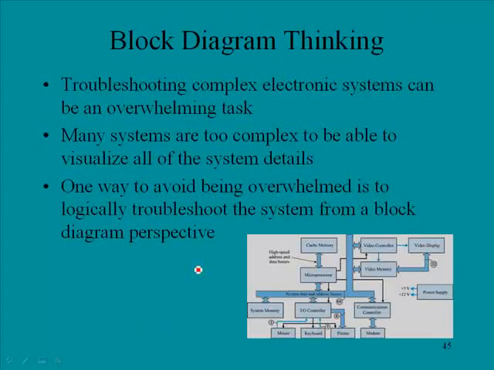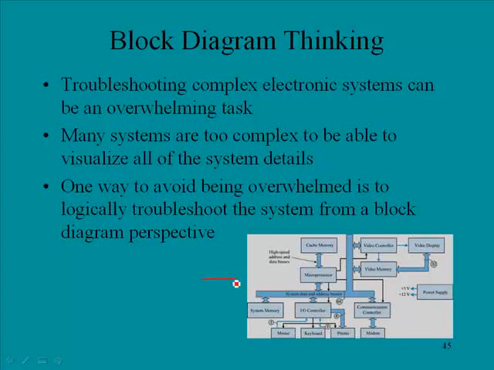The first one we'll look at is block diagram thinking. Troubleshooting complex electronic systems can be an overwhelming task. Many systems are too complex to be able to visualize all of the system details. One way to avoid being overwhelmed is to logically troubleshoot the system from a block diagram perspective.